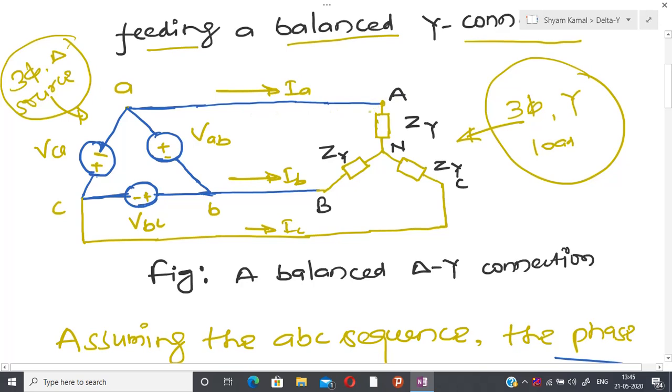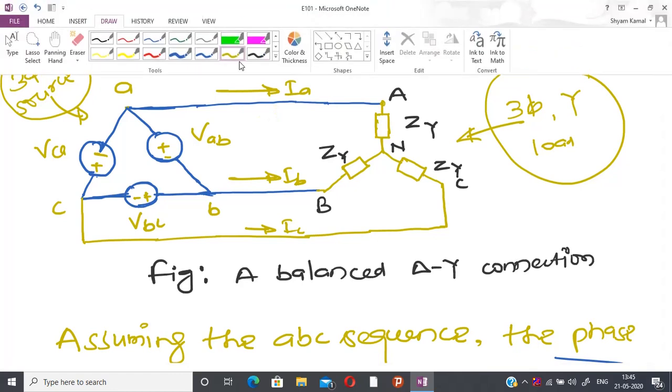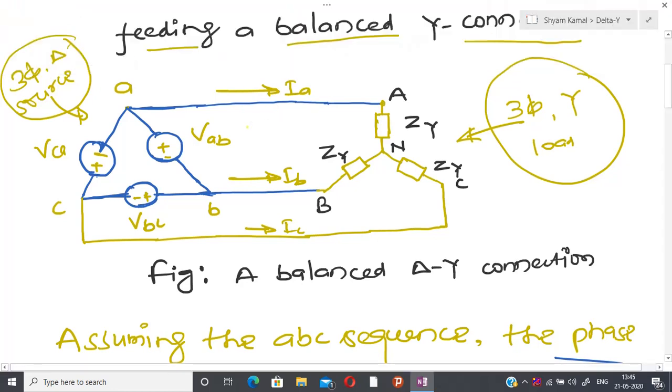I want to calculate the current flowing from small a to capital A, and that I define as the line current. One can obtain this line current in various ways, but one of the simplest ways is to apply KVL in this particular loop.